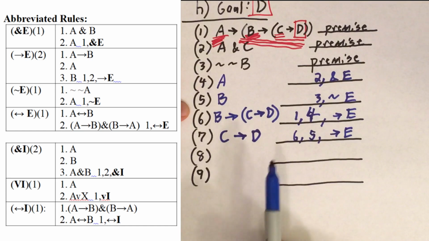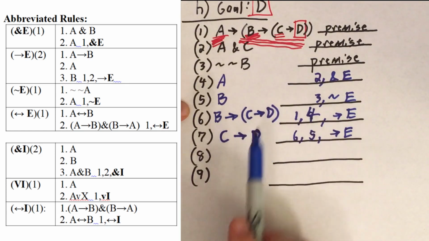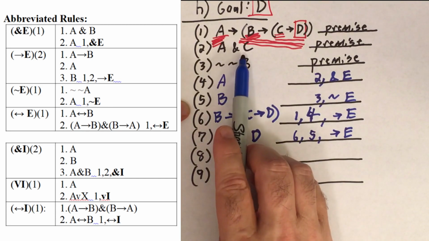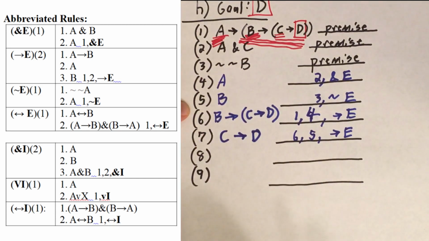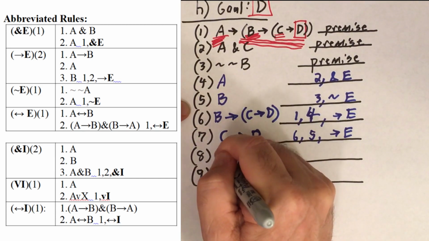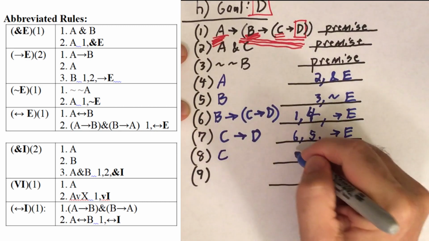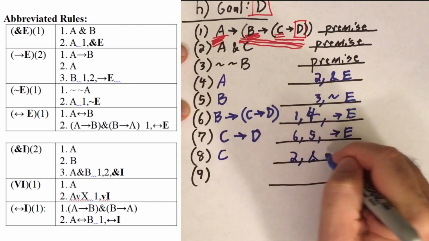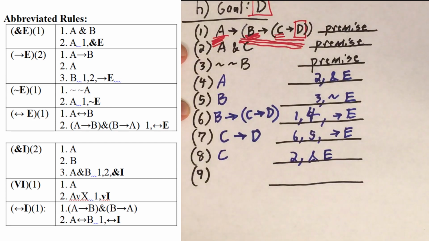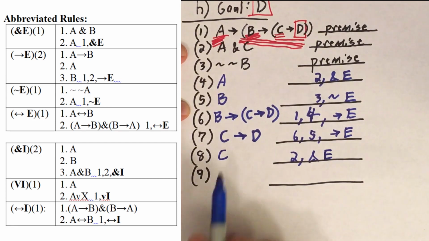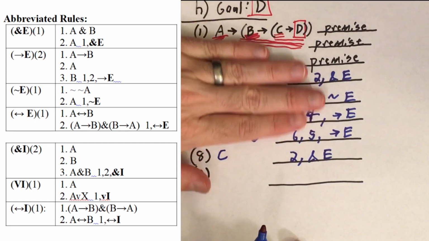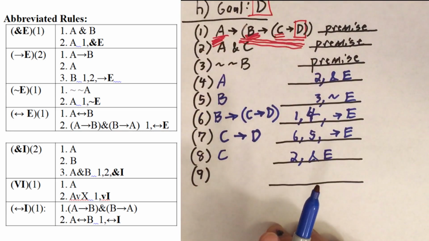What do I need now? I need to get C so that I can get to D. Do you see where I can get C? Look at line 2. There it's sitting. I have it. C is true because in line 2, I took apart the AND in line 2. Got it? Now, look at 7 and 8. If I isolate that, that's a pretty simple proof.